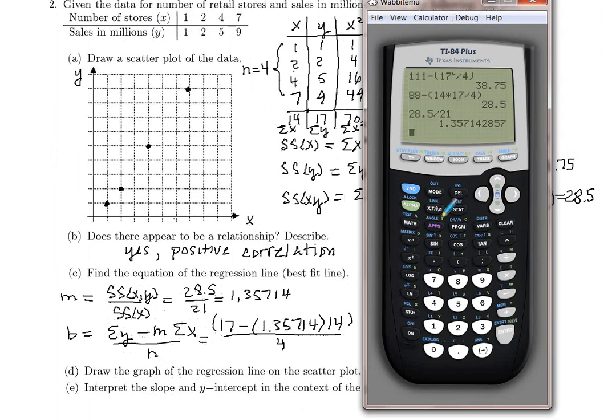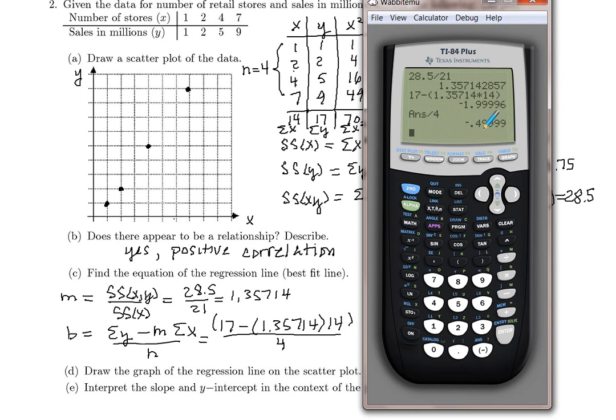So let's see here. I'm going to do 17 minus, and then parentheses 1.35714 times 14. Close my parentheses. That's my numerator. I'm going to get an answer. So negative 1.99996, and then divide by 4, enter.